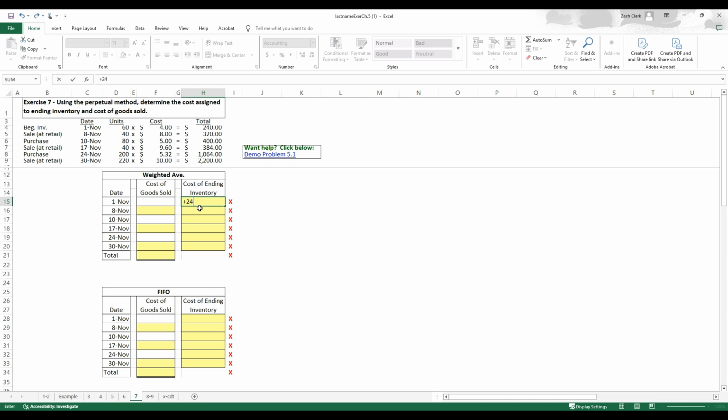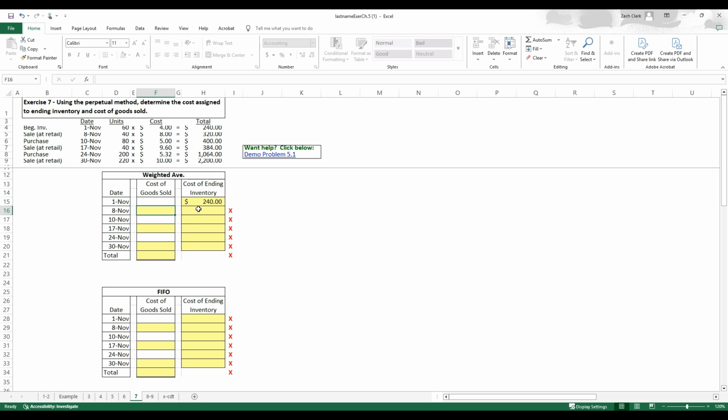So let's work through these problems here. Ending inventory here is 240 right away. Now we have a sale of 40 units at $8, so a $320 sale.